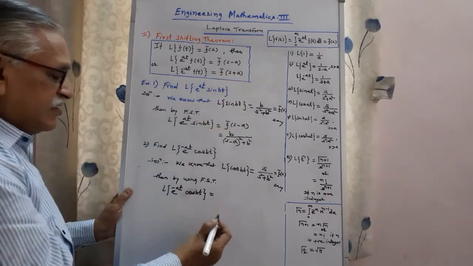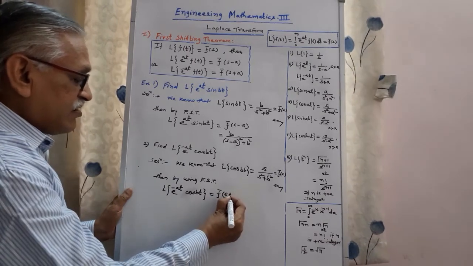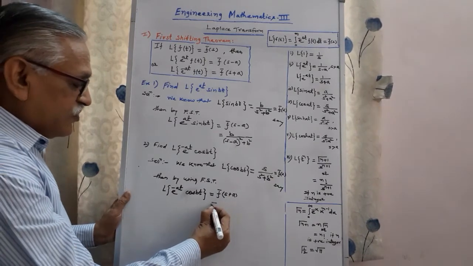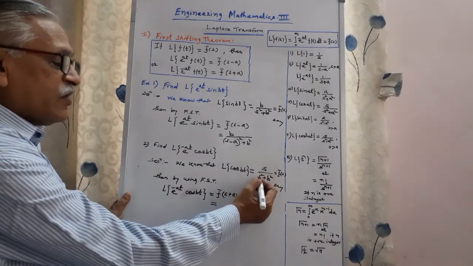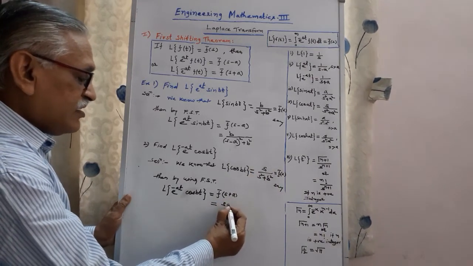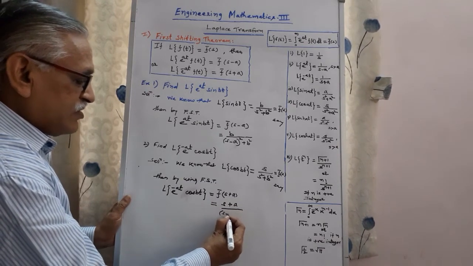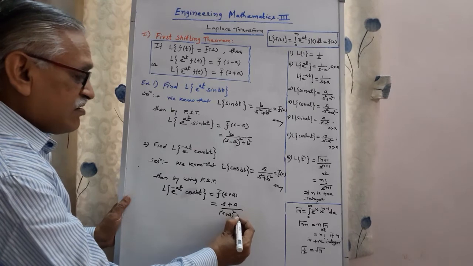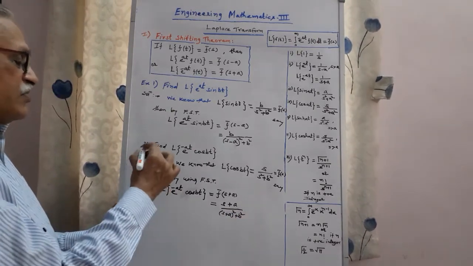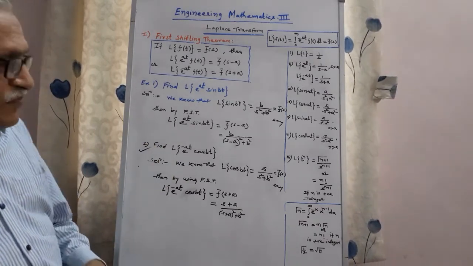By this, s is replaced by s plus a in this f bar of s, and therefore, replacing everywhere s by s plus a, we get the result as s plus a divided by s plus a whole square plus b square as the Laplace transform of this term.